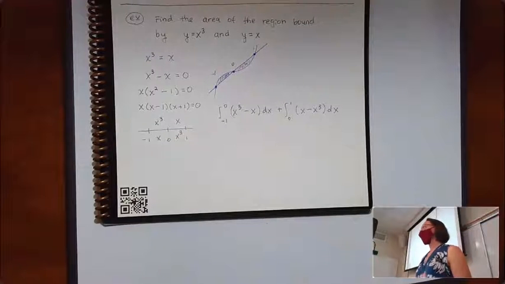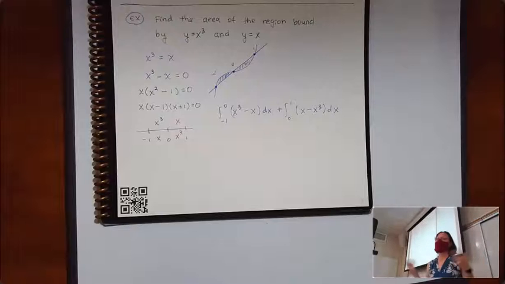I think it's good practice to actually find those antiderivatives. So I'm going to let you find those antiderivatives and then plug in your endpoints. And the numbers will work out nicely. So, well, nice enough. You're plugging in ones and zeros. We're going to be okay.